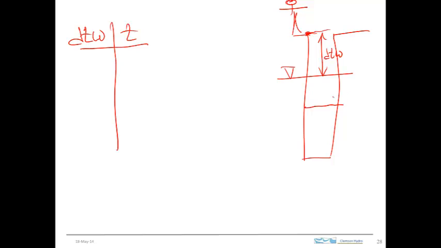And now we're going to do a test, and we're going to drop the water level to there. And this is the drawdown. So what we want to do is plot the drawdown as a function of time over r squared. That's the plot that we saw on the previous slide. So drawdown will be done like this.